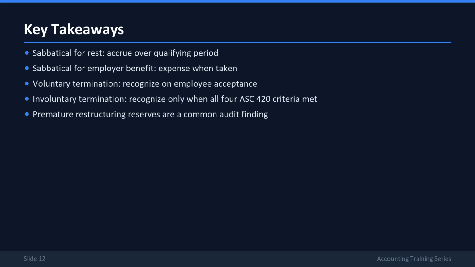Involuntary termination benefits under ASC 420 are recognized only when all four criteria are satisfied, most importantly when the plan has been communicated to employees. Recording a restructuring reserve before all four ASC 420 conditions are met is a common audit finding.